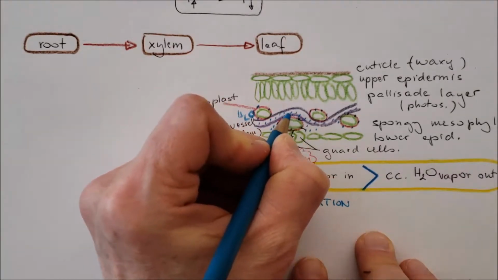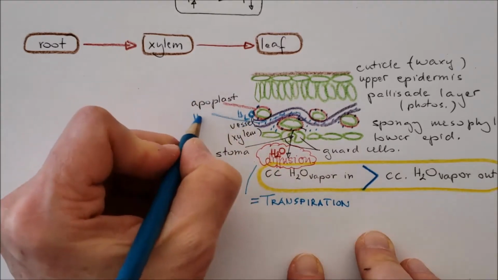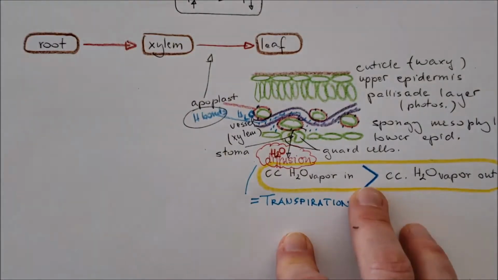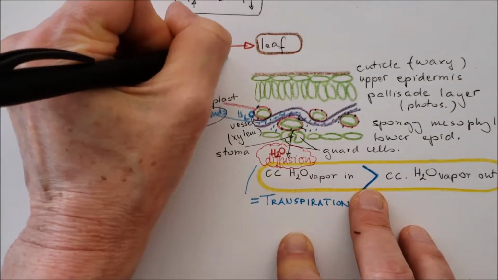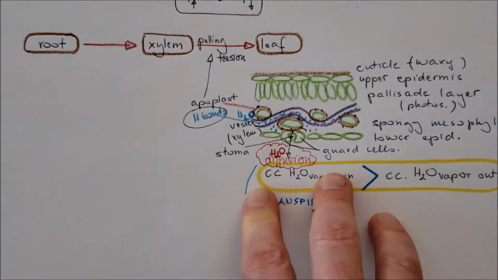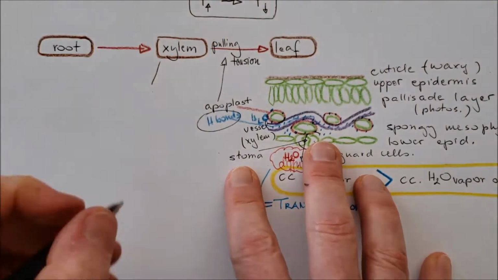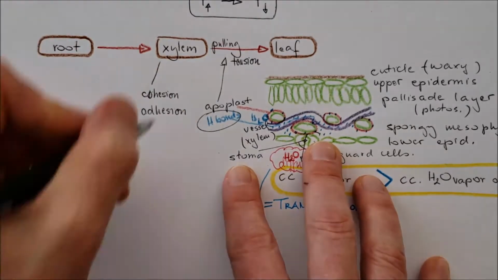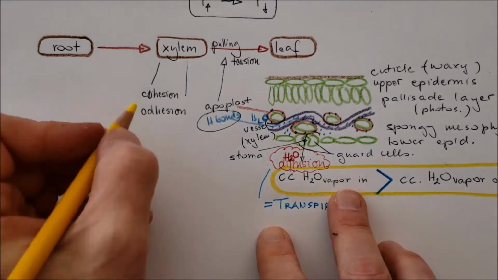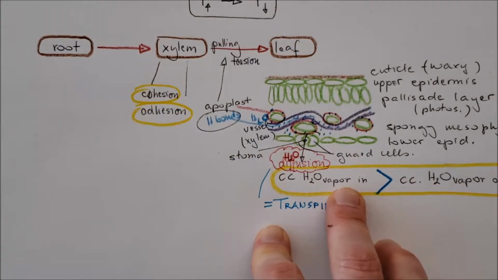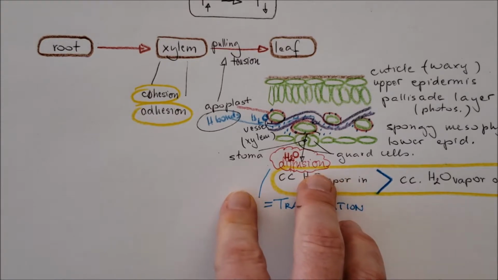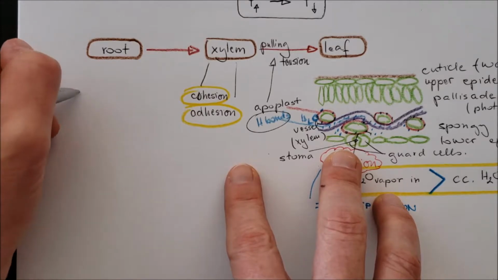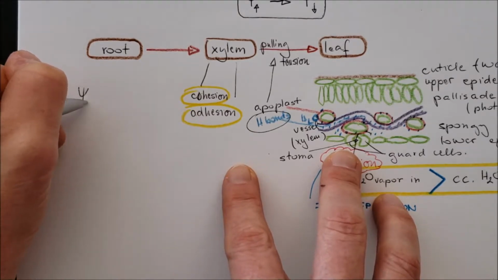Now the water is attached to each other through hydrogen bonds, and if one water is going to be picked up by the apoplast, it's going to pull more through pulling tension force from the xylem. How the xylem brings up the water, also facilitating the water motion against gravity, is by cohesion and adhesion. Adhesion is between different materials, water to the xylem, and cohesion is water to water.